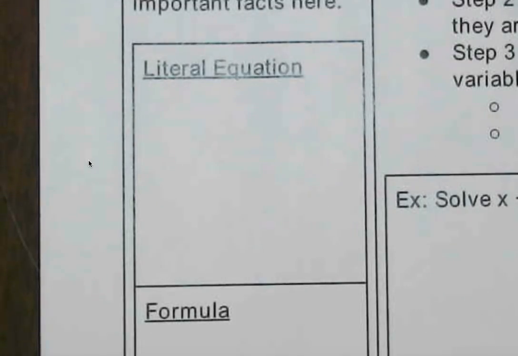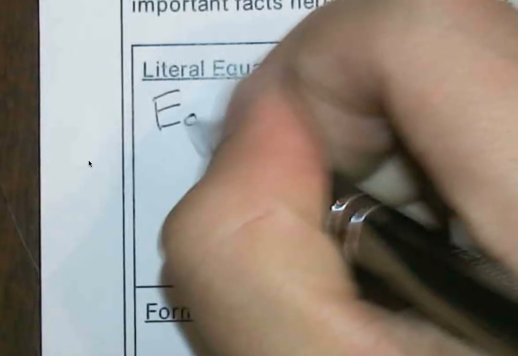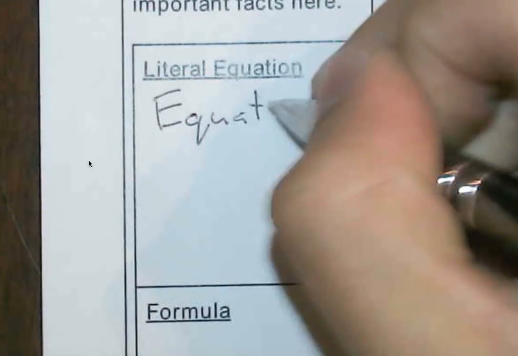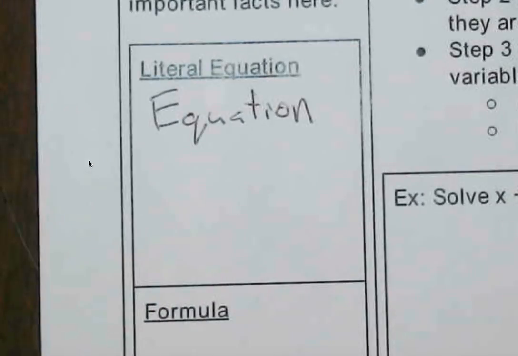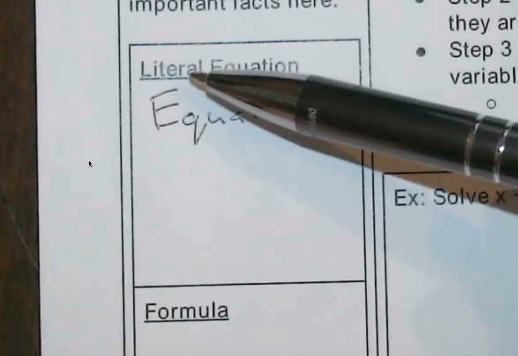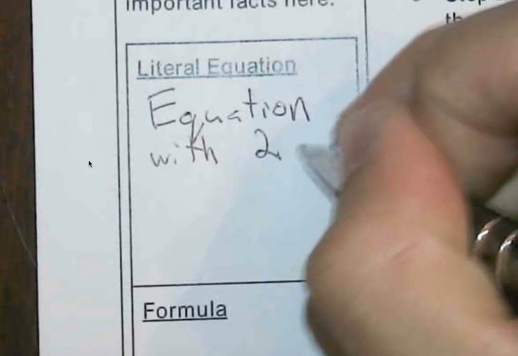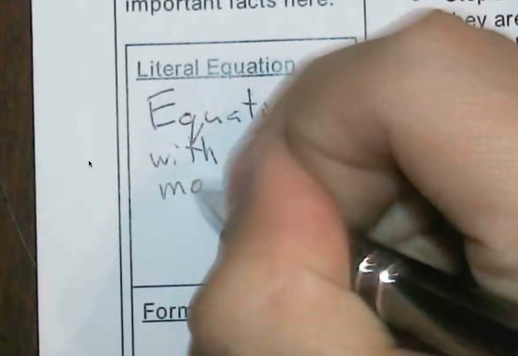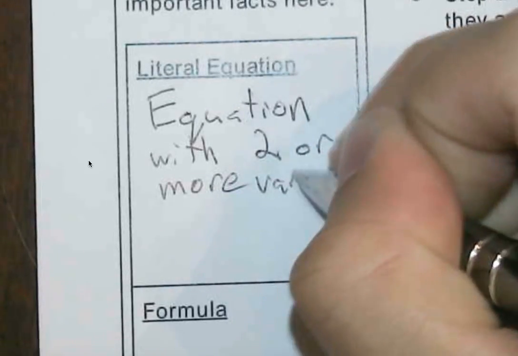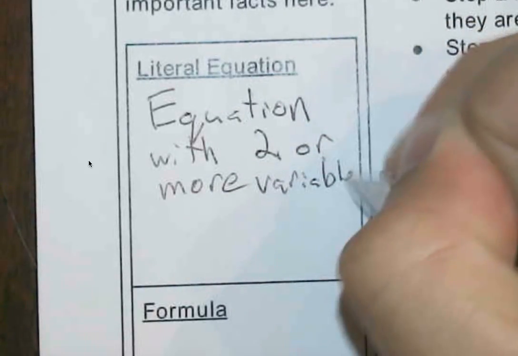So with the vocab over here, we'll get a feel for exactly what makes up a literal equation. A literal equation is really something that we've already seen, because we've seen equations, that's for sure. But since this is considered a literal equation, there can be two or more variables. And so what does this mean?